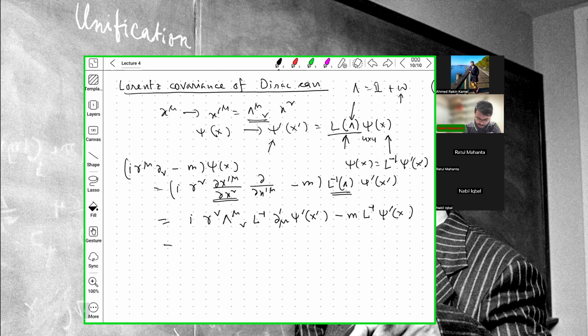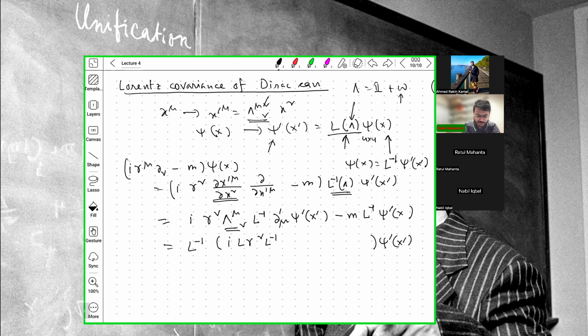So you can pull lambda inverse out and write things inside. And this will be, and these are numbers.